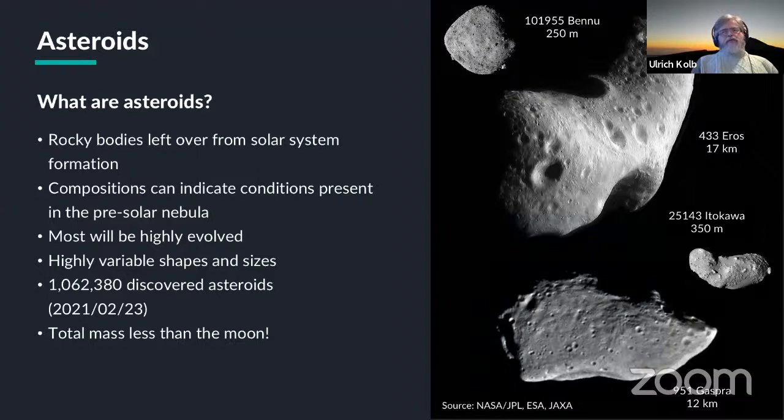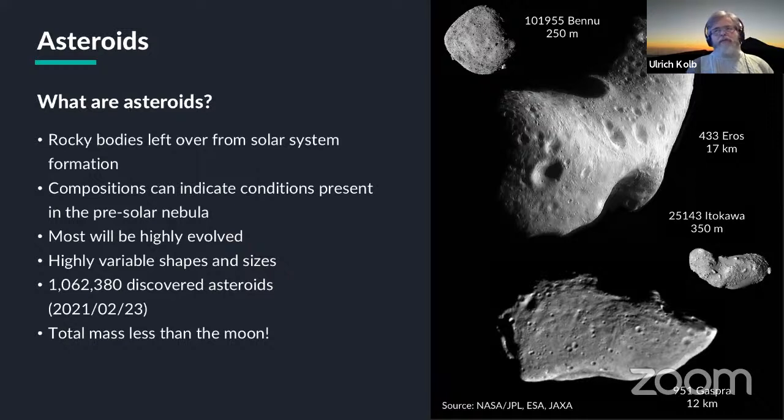Well then, asteroids, and here are a few asteroids seen from, what they really look like. They come in all shapes and sizes, and some of them we have close images of, and others we have radar data on. They clearly are rocky bodies dating back to the beginning of the solar system, and hence can tell us potentially something about the conditions present when the solar system formed, which is why we are so keen to study them more.